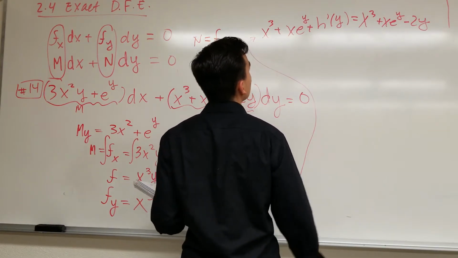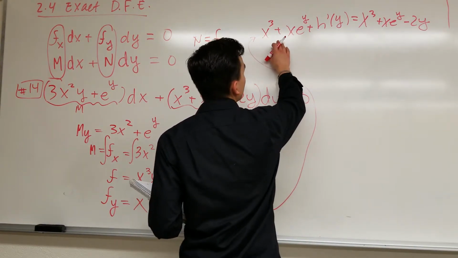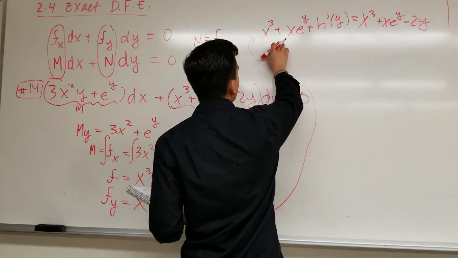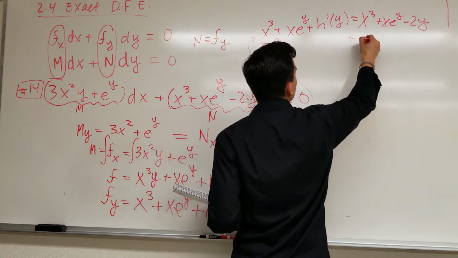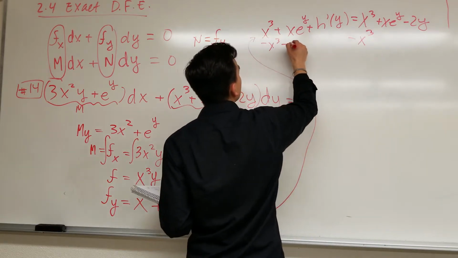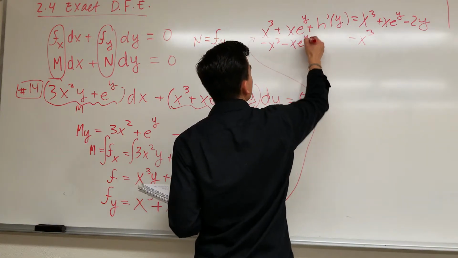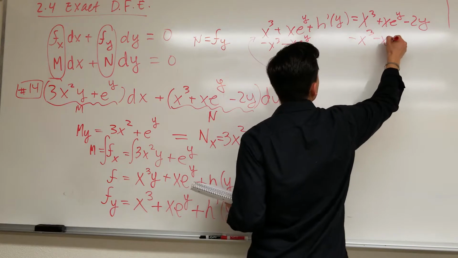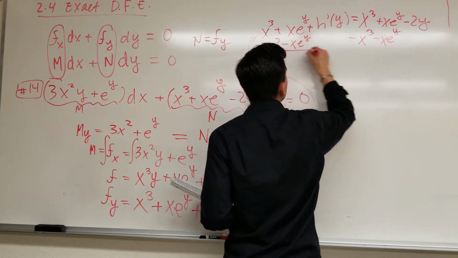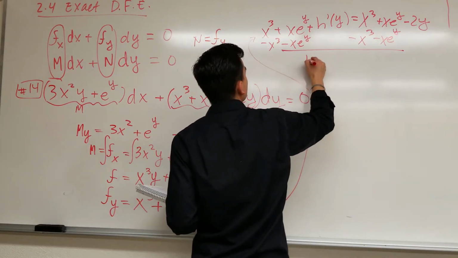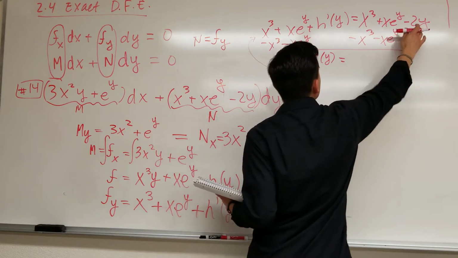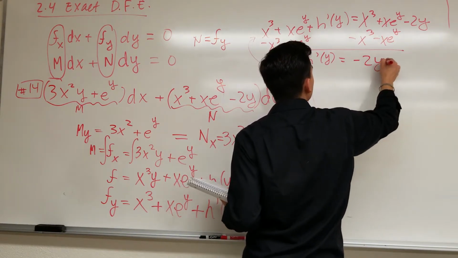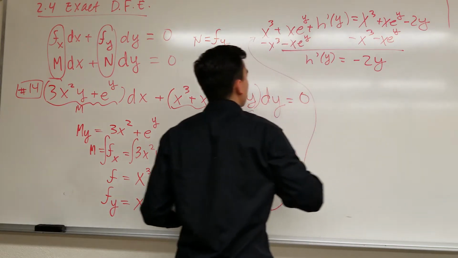Okay, so now if we see here, I'm going to have stuff being able to cancel out. I'm just going to do this all in one step. Now I have h'(y) equal to whatever's left over, which was our negative 2y, right?